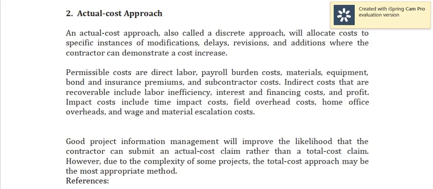Permissible costs are direct labor, payroll, burden costs, materials, equipment, bond and insurance premiums, and subcontractor costs. Indirect costs that are recoverable include labor inefficiency, interest, and financing costs, and profit. Impact costs include the time impact costs, field overhead costs, some office overheads, and wage and material escalation costs.